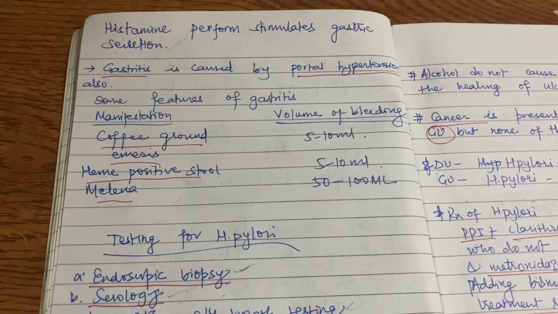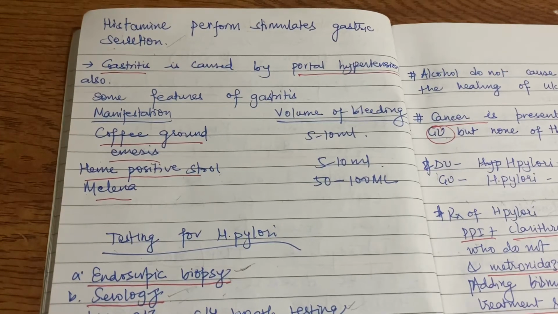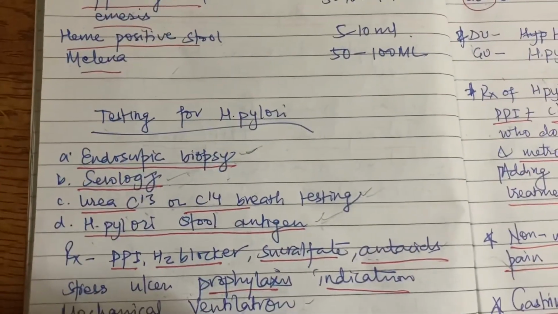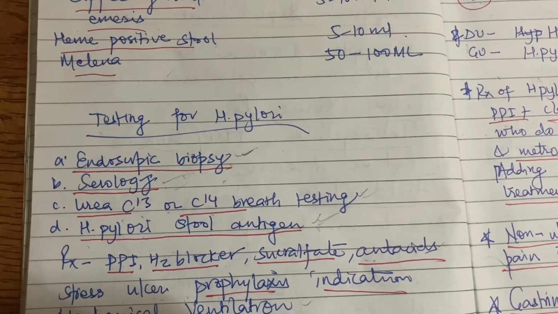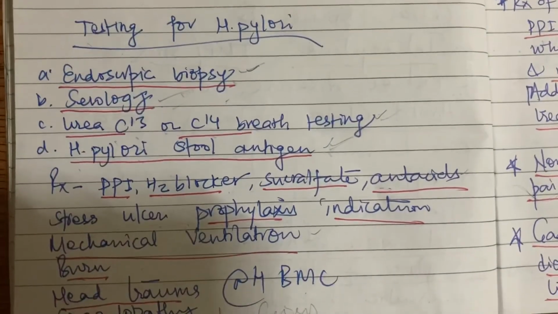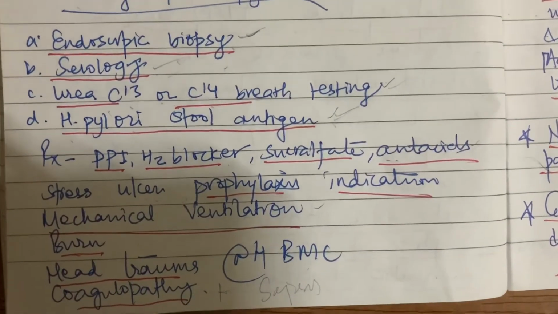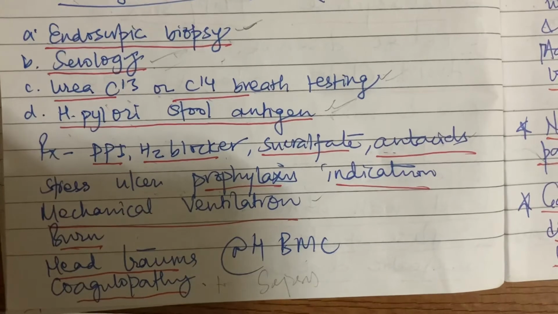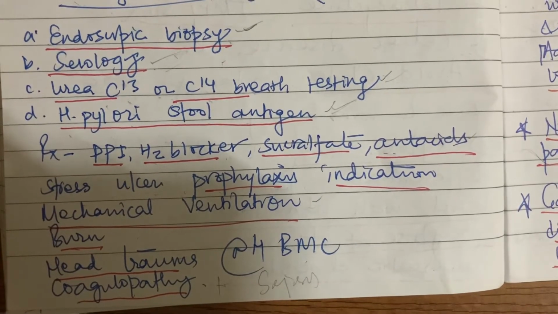Testing for H. pylori: endoscopic biopsy, serology, urea C13 or C14 breath testing, H. pylori stool antigen, and treatments are PPI, H2 blocker, for example ranitidine, sucralfate, antacids.